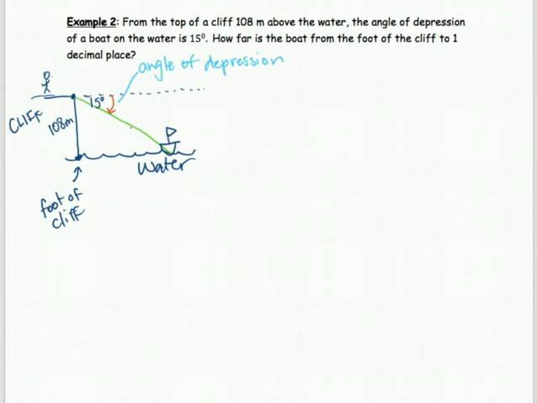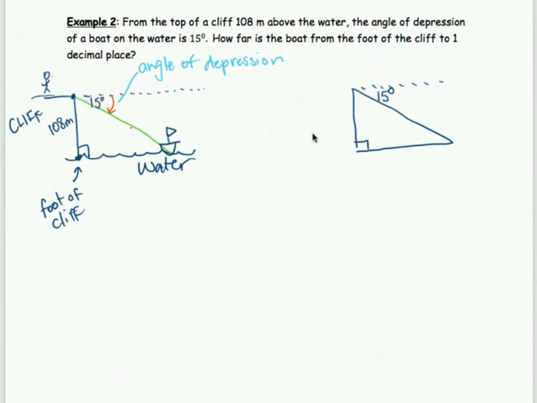Now that we have our visual diagram, let's get a stripped down diagram, just the triangle. You have a cliff that goes straight up, so you have a right angle here. And this is important: we have a 15-degree angle right there, but it's not inside the triangle, so be careful. It's on the outside, from the horizontal.